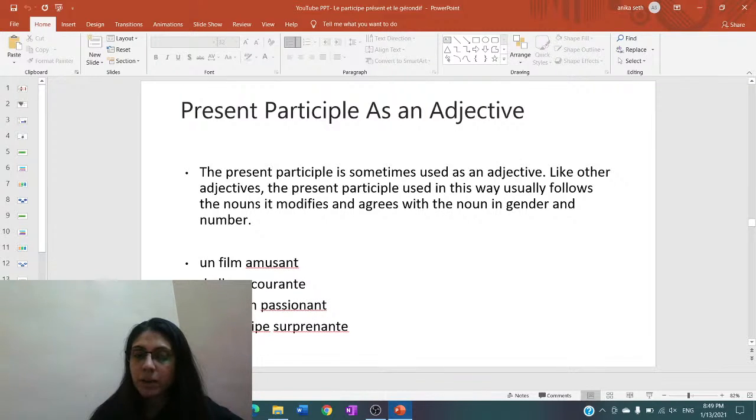Avec un match, il n'y a pas d'accord. Une équipe surprenante. So équipe is feminine, that is why surprenante with E. So it is also used as the adjective, but that adjective has to be accorded. It has to agree with the gender and number of the noun like all other adjectives do.